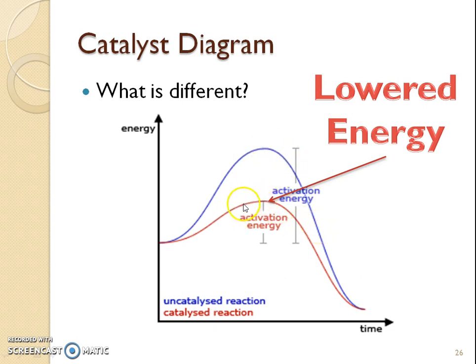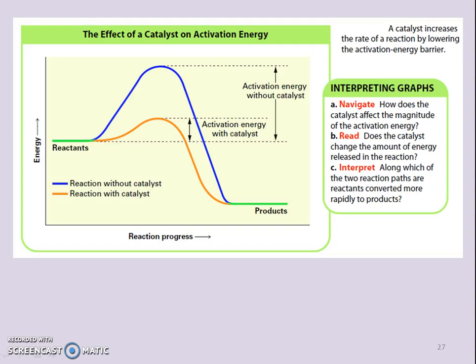So if you're lowering the activation energy, you will be able to get to your products faster and you've increased your reaction rate. So pause the video, look over the graph, make sure that you can understand the graph, make sure that you can answer these questions correctly.